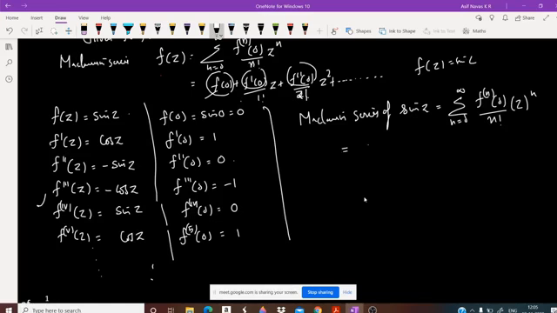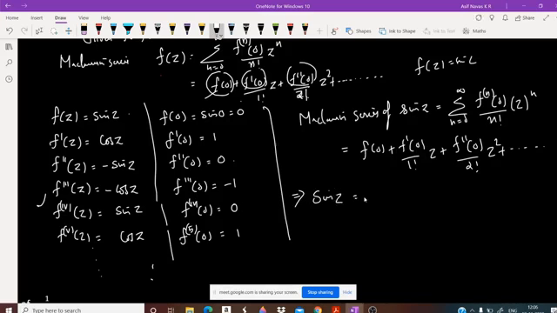So this is equal to f of 0 plus f dash of 0 by 1 factorial z plus f double dash of 0 by 2 factorial z square, etc. Which implies sin z is equal to f of 0 is 0, plus f dash of 0 is 1 divided by 1 factorial z, plus f double dash of 0 is 0 by 2 factorial z square.